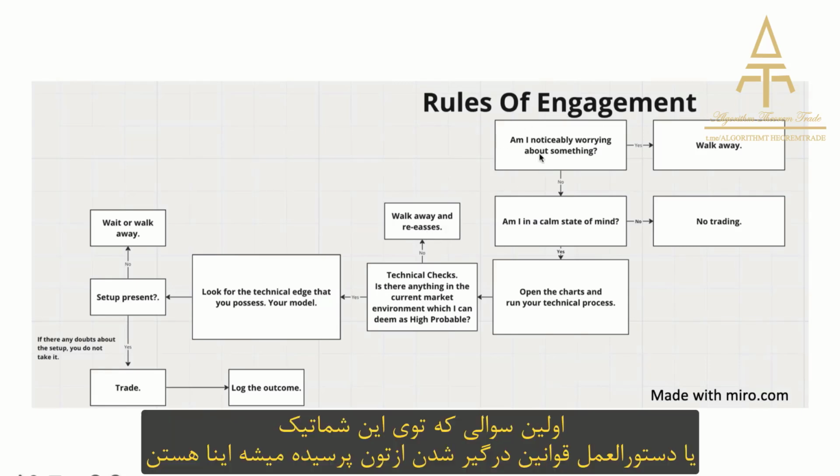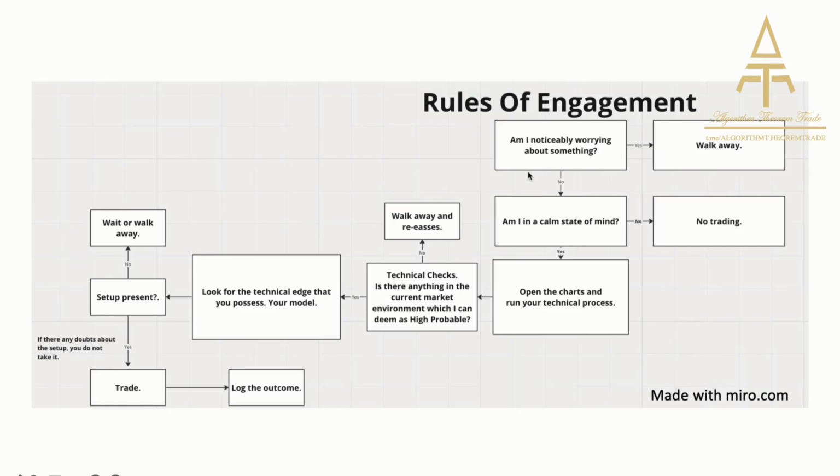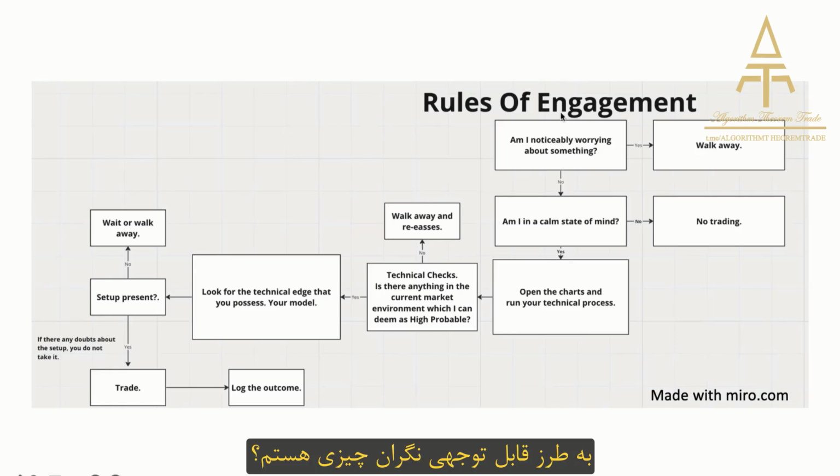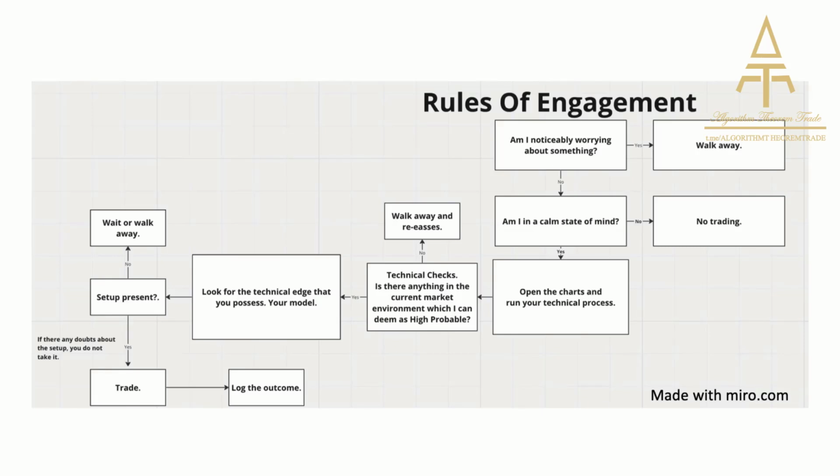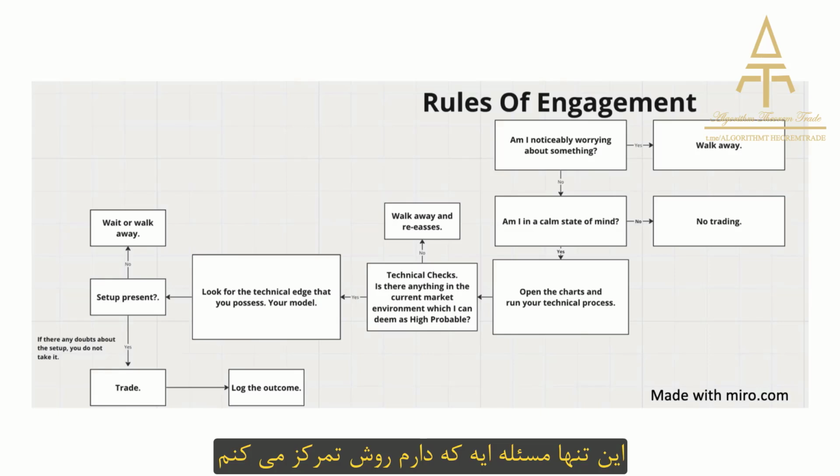The first question that is being asked within this schematic or protocol for rules of engagement is the following. Am I noticeably worrying about something? Meaning, is there something on my mind right now that is controlling my thoughts? That's the only thing I can focus on.